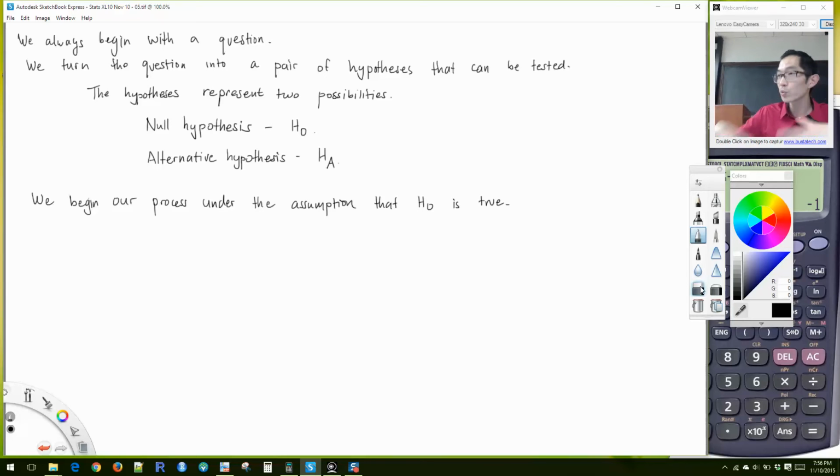And if the things we see fit that assumption or belief, then we have no reason to doubt our initial assumption. However, if we find things, if our evidence goes contrary to these set of beliefs, then we might be forced to reject our null hypothesis.